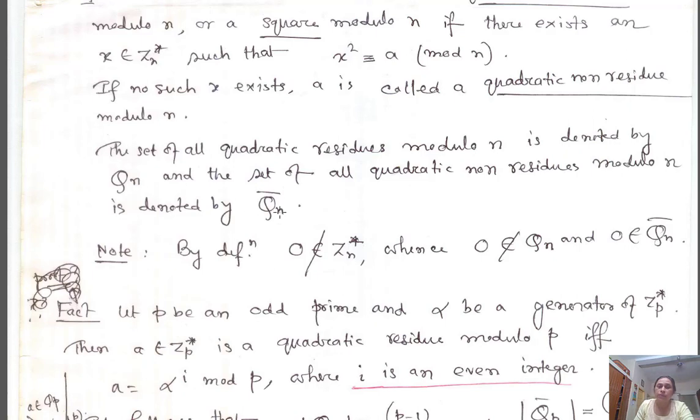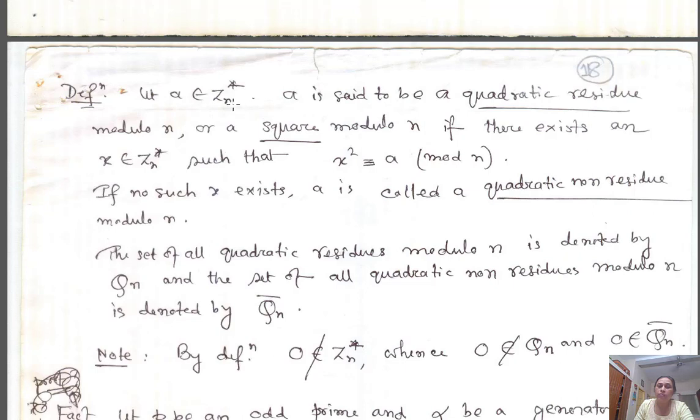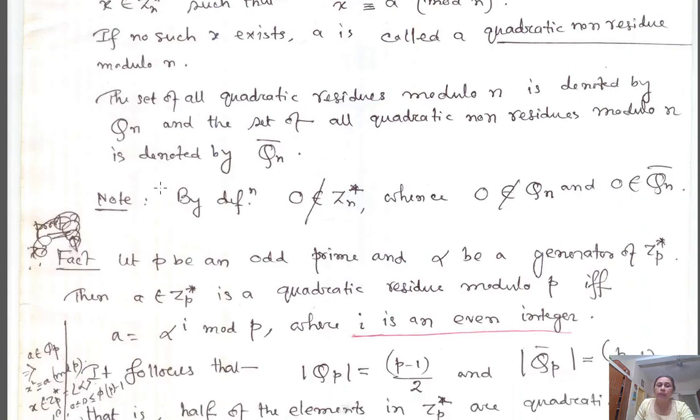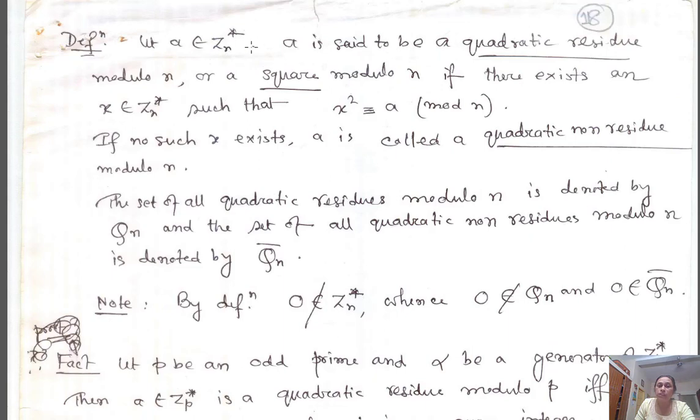We define this for any integer n, not necessarily prime. N can be composite also, but if it is prime, then we have some interesting properties. Before that, 0 does not belong to Zn star, so 0 is neither a quadratic residue modulo n nor a quadratic non-residue modulo n.